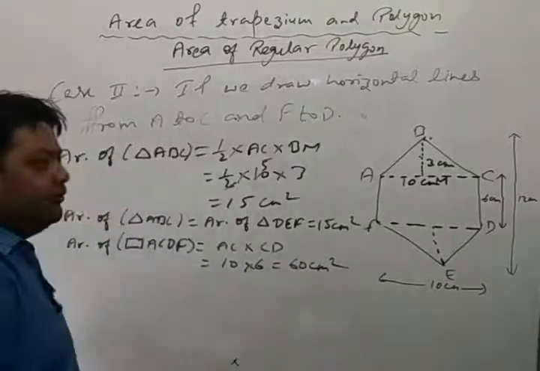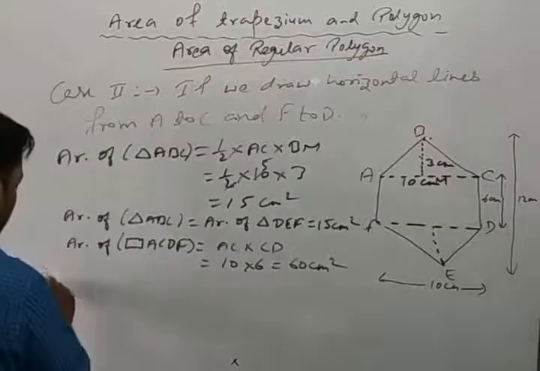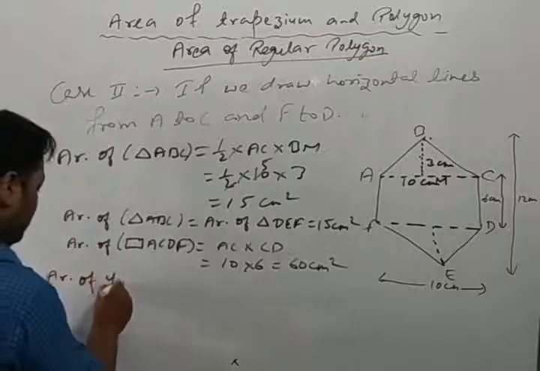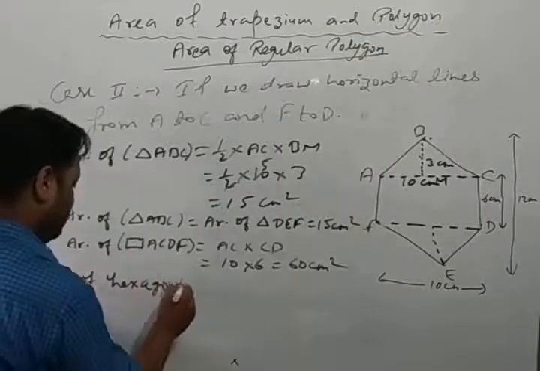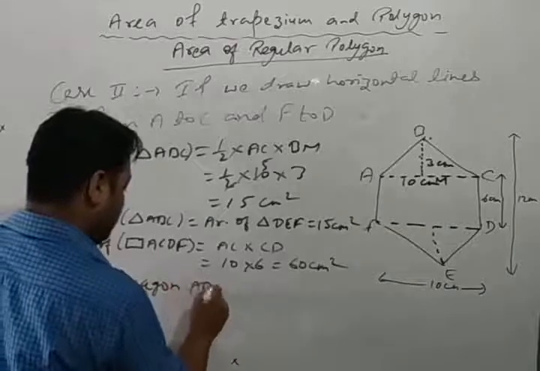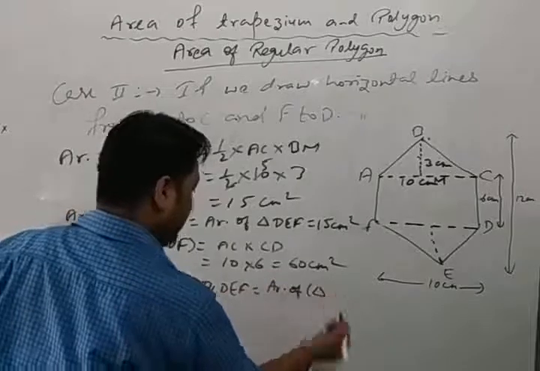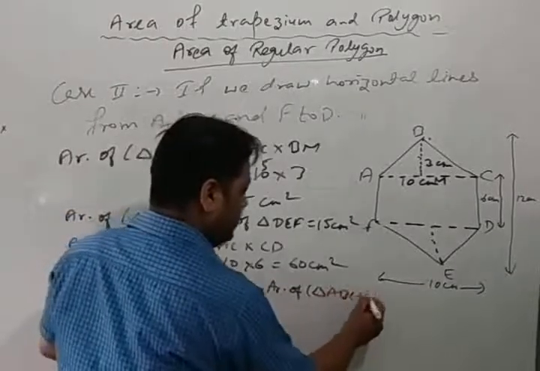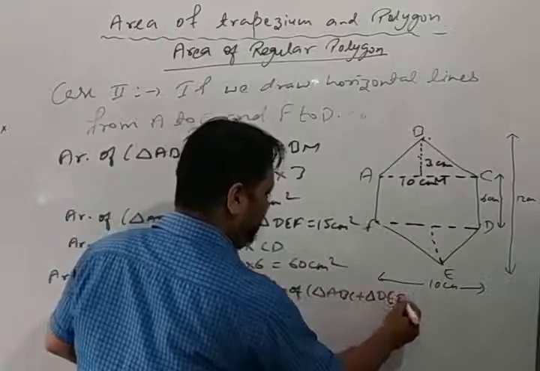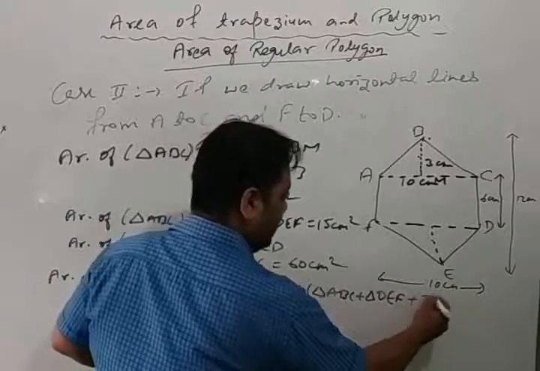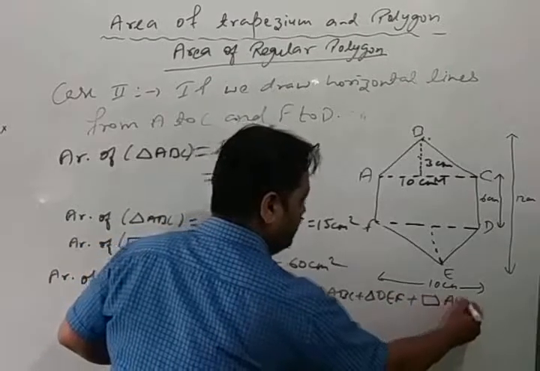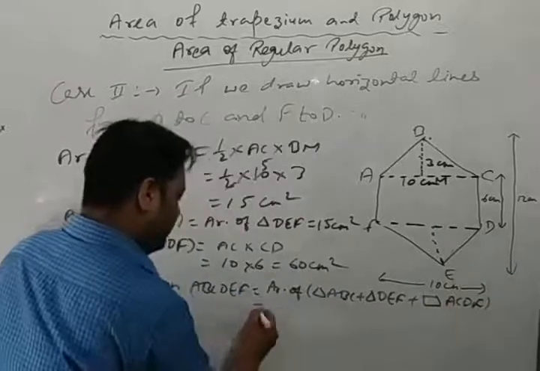Okay. So to find the area of the whole regular hexagon, we can write: area of hexagon ABCDEF is equal to area of triangle ABC plus area of triangle DEF plus rectangle ACDF. So it will be what?